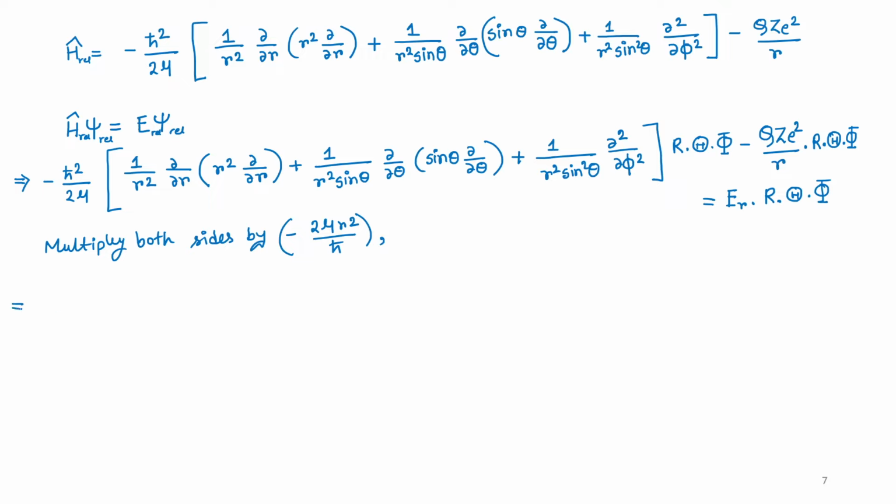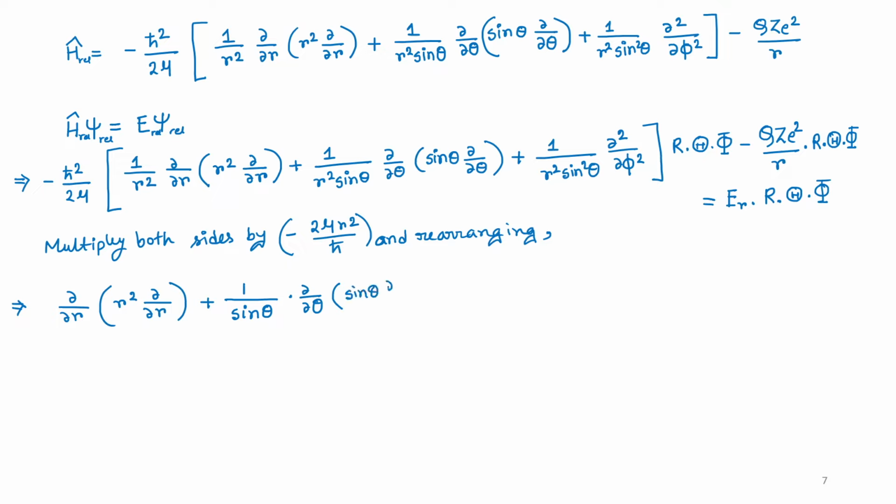We'll get, and rearranging, del by del r of r square del by del r, plus 1 by sin theta del by del theta of sin theta del by del theta.